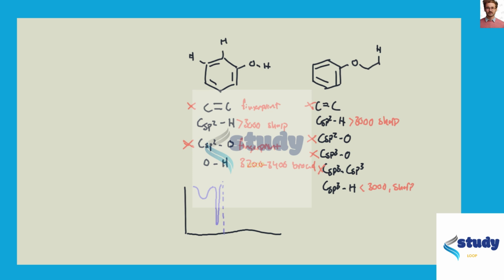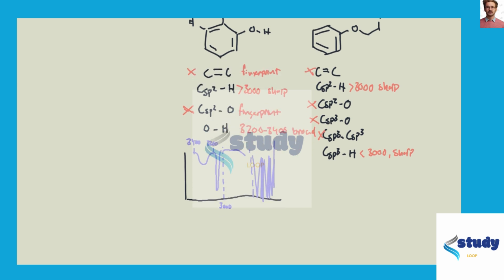So I'll say this is the 3000 dividing line. And this is our 3400. And this is our 3200. All right, so those would be the peaks we expect. And then in the fingerprint region, you can't predict anything.